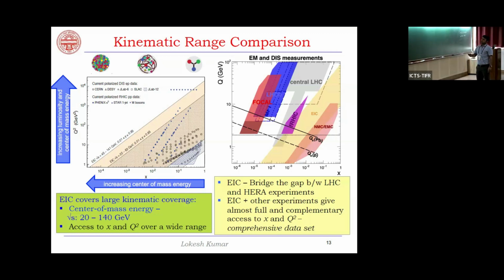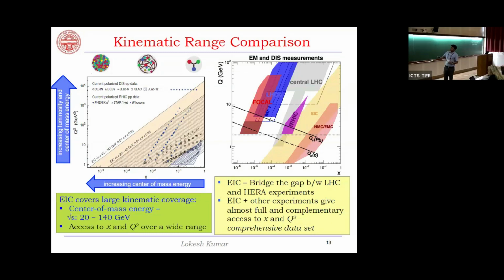One can see it actually bridges the gap between the LHC experiments and the previous experiments. If I consider all these regions, then EIC plus other experiments almost cover the full or maximum range of x and Q square, which provides us a comprehensive data set to do different types of physics.